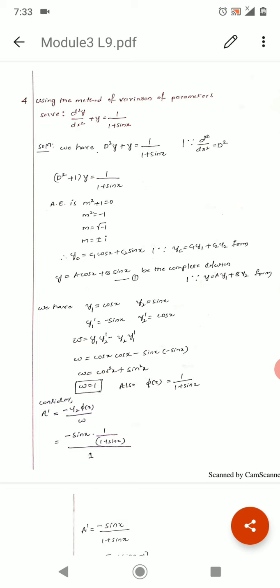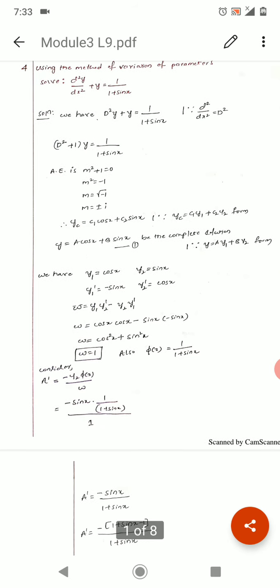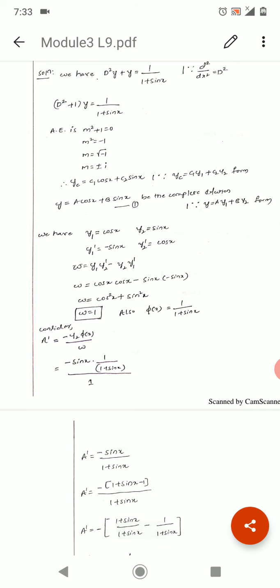Now consider A' = -y2 φ(x)/W. So here y2 is sin x, φ(x) is 1/(1 + sin x), divided by W = 1. So this will become -sin x/(1 + sin x).